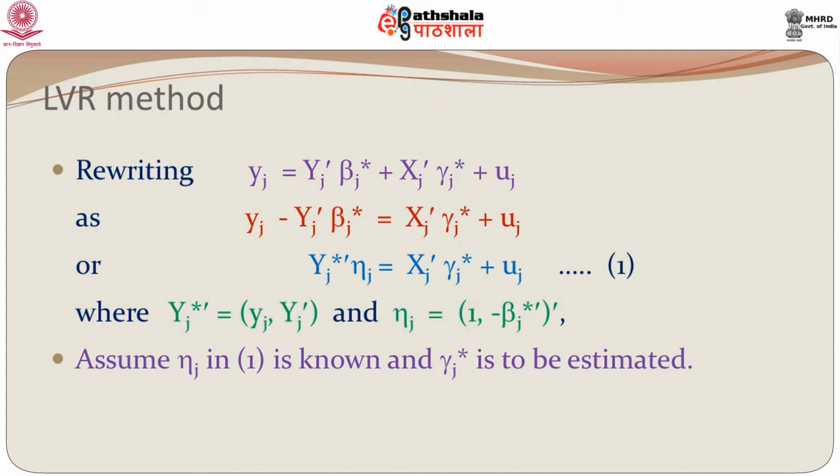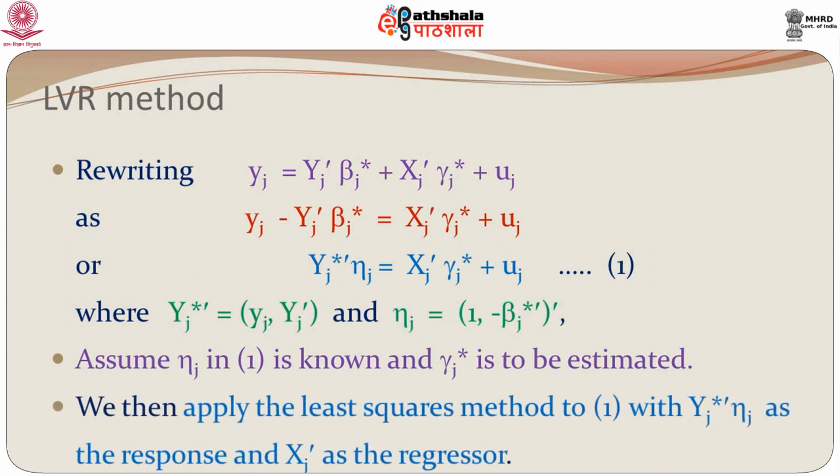Then let us assume in 1, this equation that we have got now, that eta j is known. If eta j is known, the left hand side is known. So, it can act as a response. So, Yj star prime eta j acts as the response, and we want to estimate gamma j star from here. So, we are regressing Yj star eta j on xj.